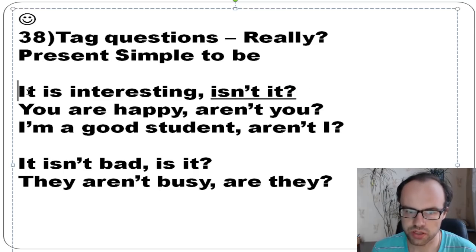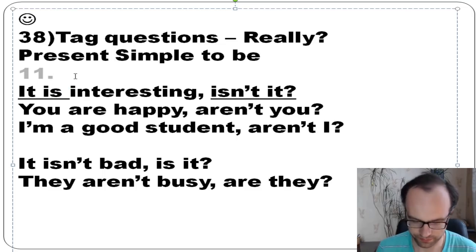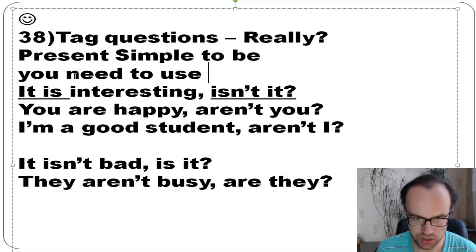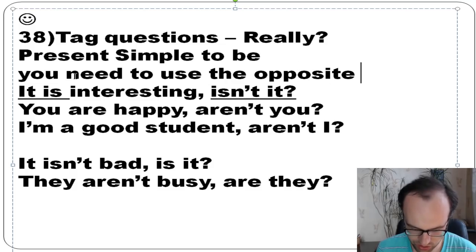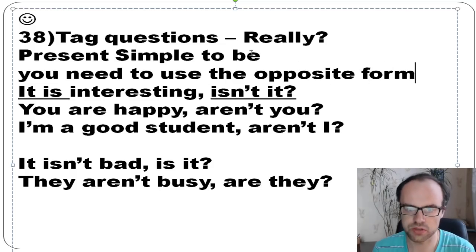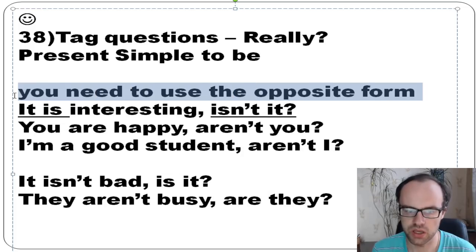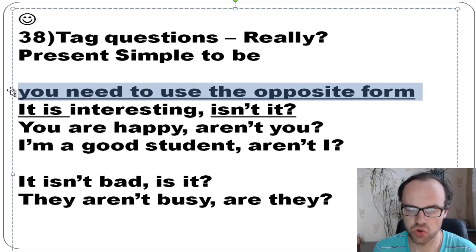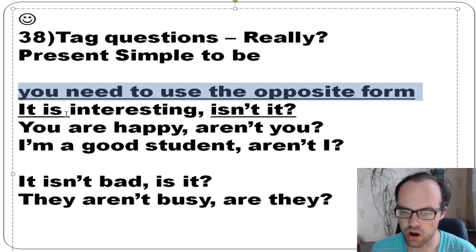So you look at it is, and you need to use the opposite form. So if you have it is, you ask isn't it, you ask it at the end of the sentence. It is interesting, isn't it?